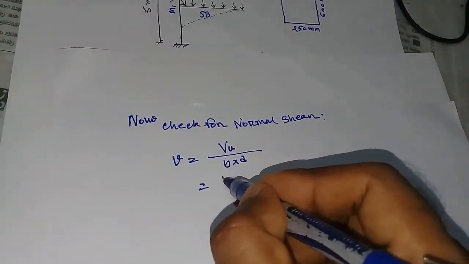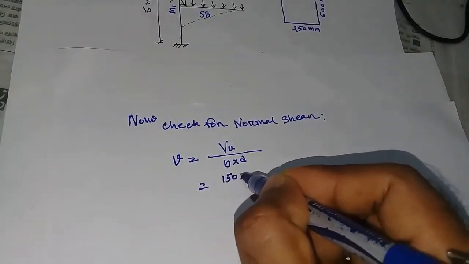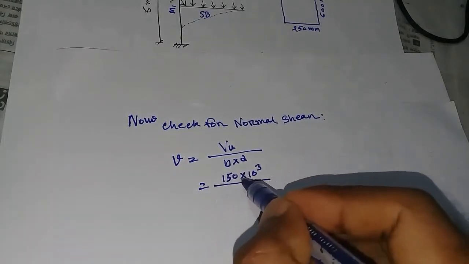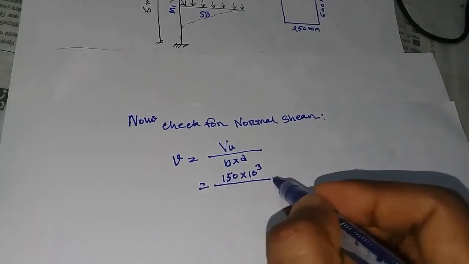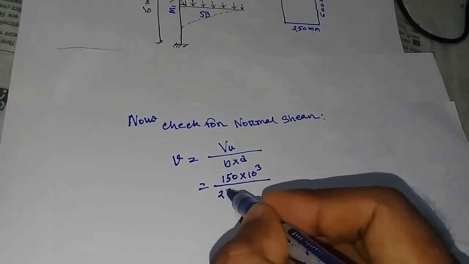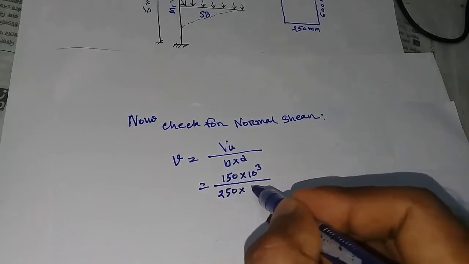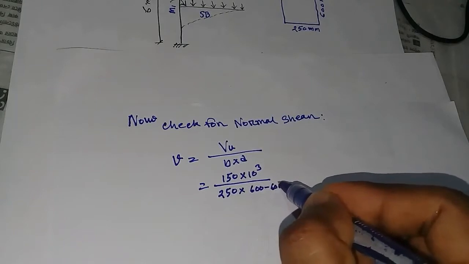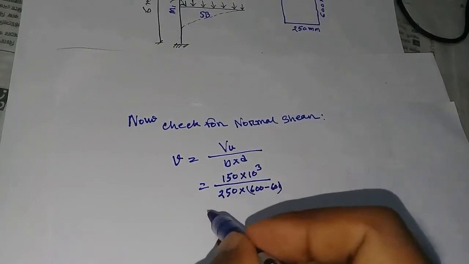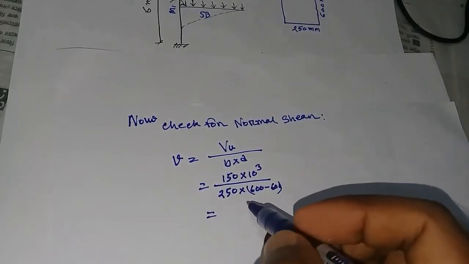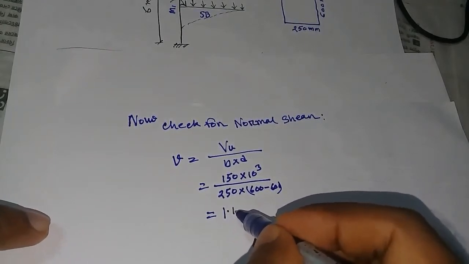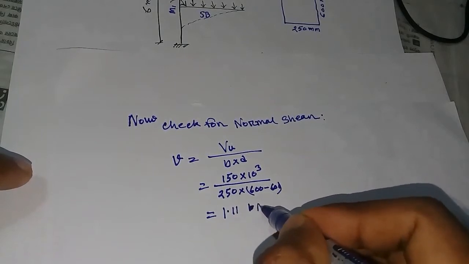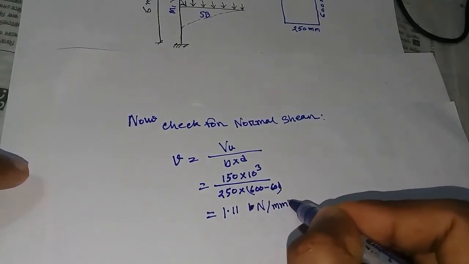Normal shear force 150 into 10 to the power 3, also converting kilonewton to Newton. b is 250 and d is 600 minus 60 mm cover. So here comes 1.11 Newton per millimeter square.